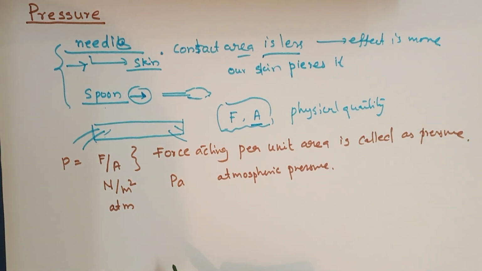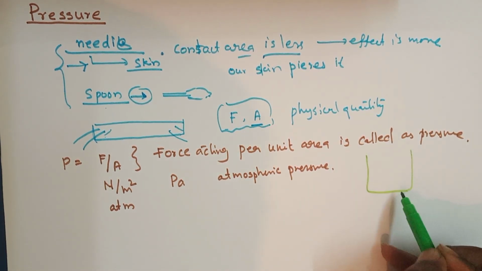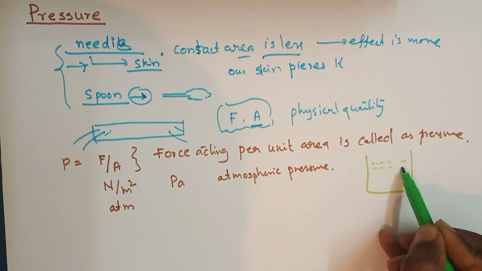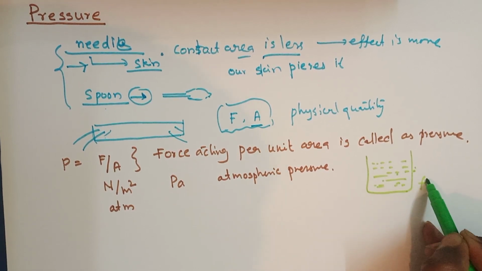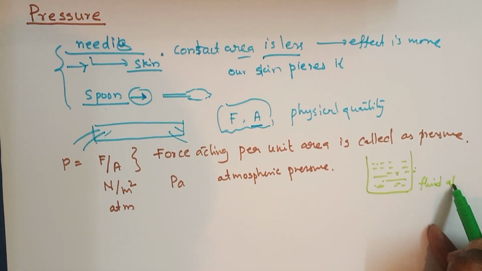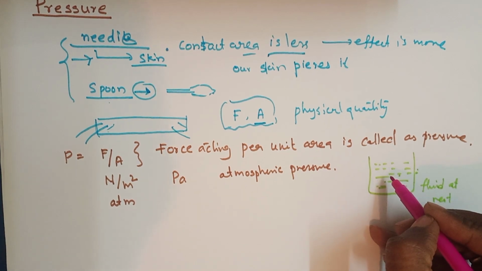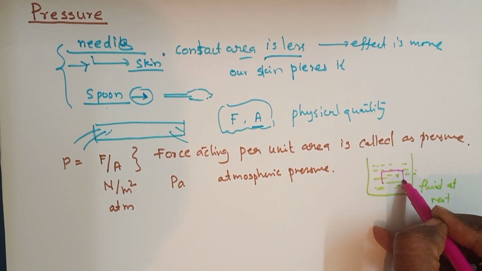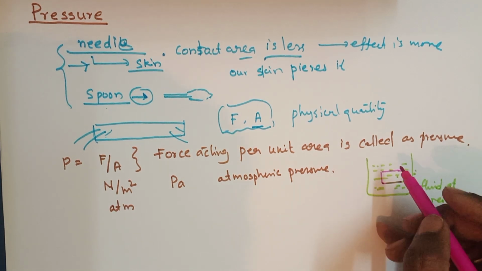Now let us see in a simple way. We consider a simple object submerged in water, where this is a fluid at rest, a fluid in a static condition. You can consider this simple body which is submerged. Now what happens?